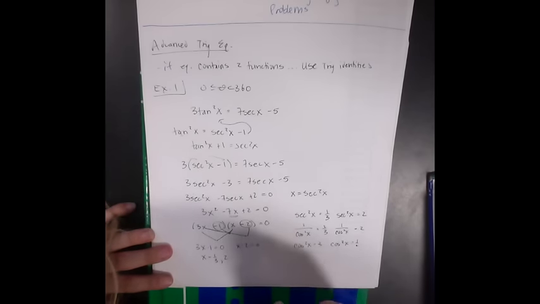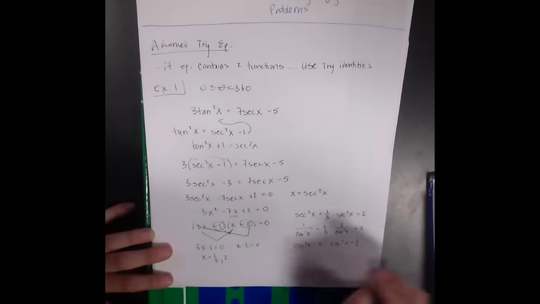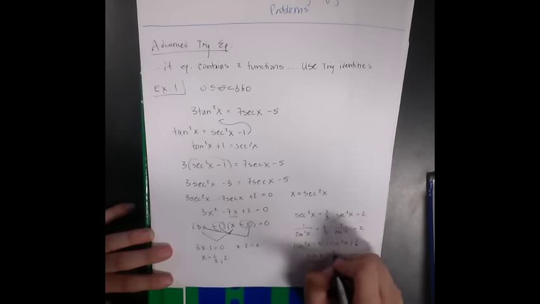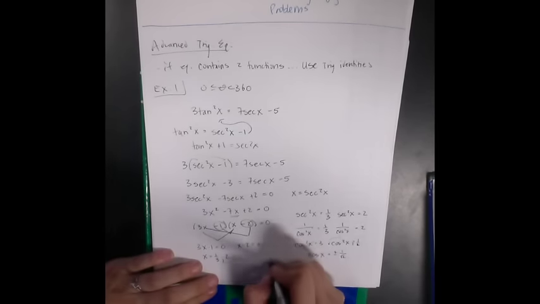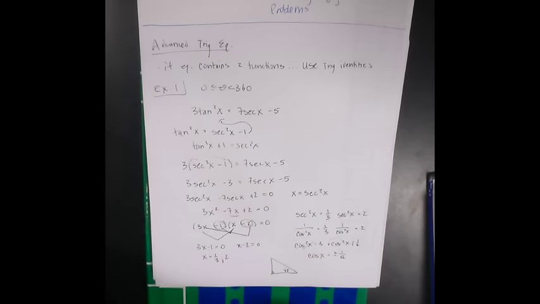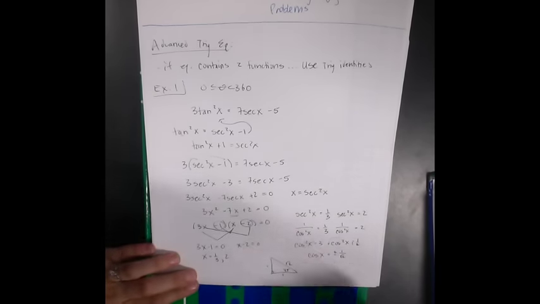That's one of our extraneous solutions, so we discard it, but on this side cosine squared of x can equal 1/2, so we take the square root. So we have the cosine of x equals plus or minus 1 over root 2. Now here comes into play my 45, 45, 90 triangle where I have 1, 1, root 2.